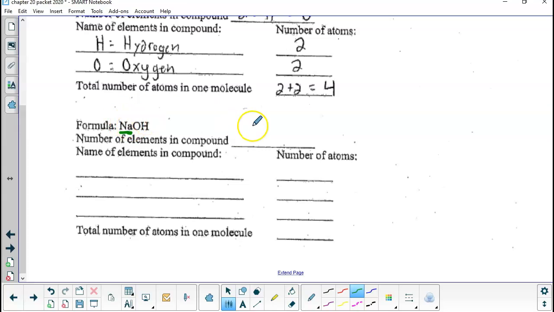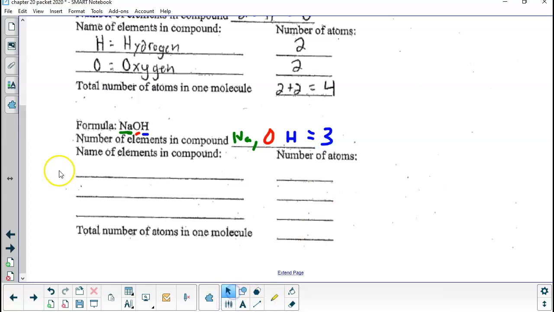I have the Na, I have the O right there, which is a capital letter, and I have the H, which is a different capital letter. So all together, I've got 3 different kinds of elements.